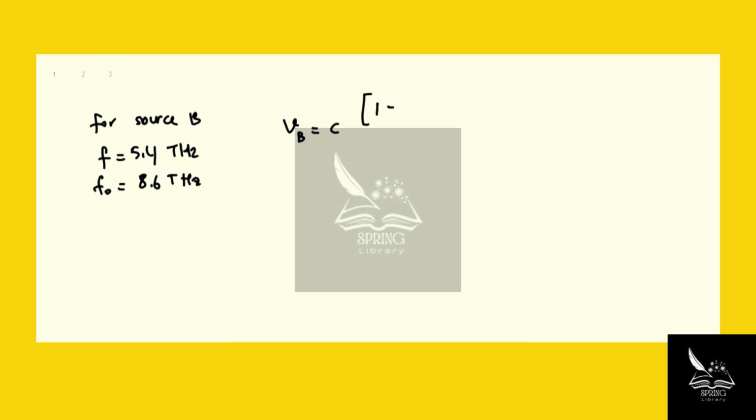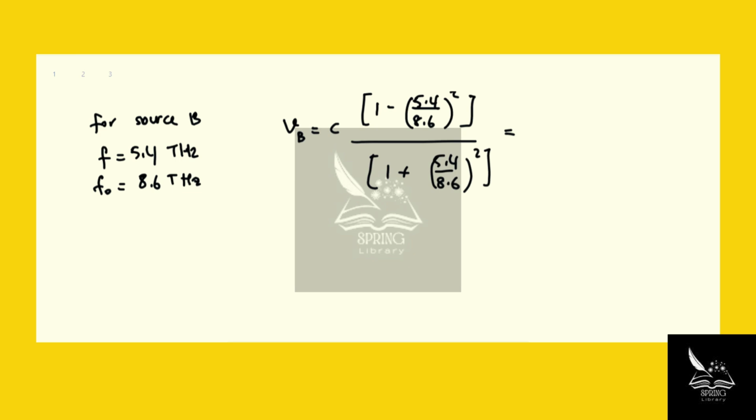Let me plug in the numbers. So it's going to be 1 minus (5.4 over 8.6) squared divided by 1 plus (5.4 over 8.6) squared. From here, the speed of source B is found to be 0.43 times c. Okay, this is V_B.